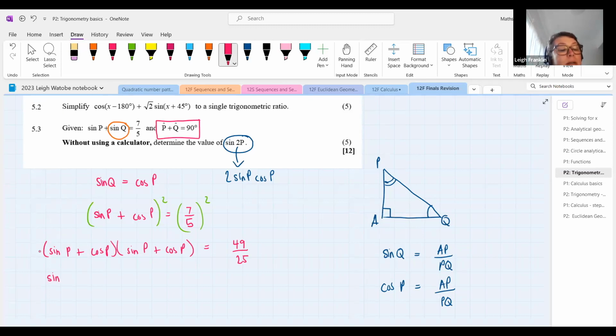So we get sine squared p plus sine p times cos p plus cos p times sine p. So that gives us 2 sine p cos p. Is everybody happy with that? Plus cos squared p equals 49 over 25. Are you happy with how I've squared the binomial?